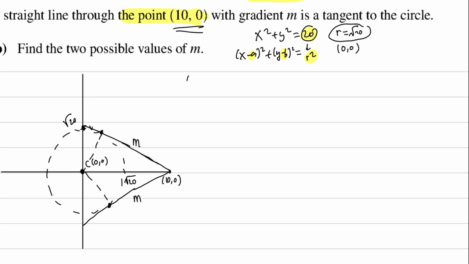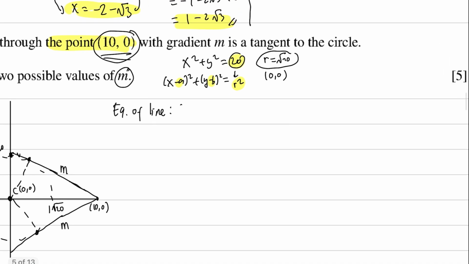So the equation of the line. We know that the straight line passes through this point, and we have an unknown gradient. So we can use the formula y minus y1 equals m in the bracket x minus x1. So we have y minus 0 because y1 is 0, m times x minus 10 because x1 is 10.